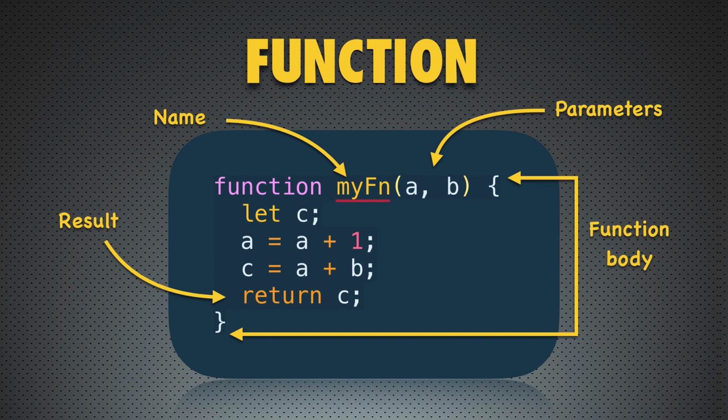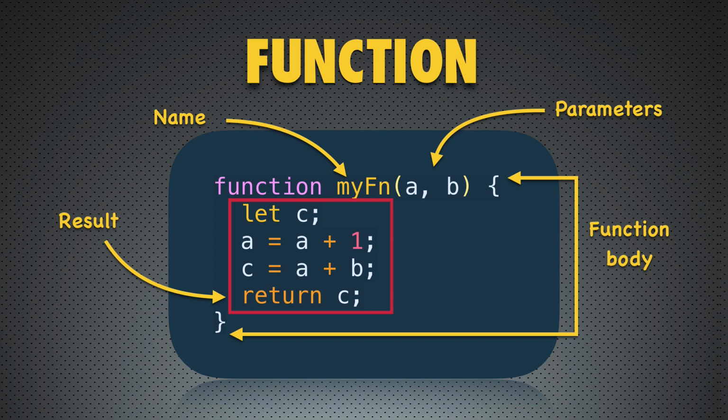In this example, it is myFn. Then parentheses, and inside of the parentheses, you put a list of parameters, separated by commas. No need to add any let, var or const keywords here, simply a list of parameters. Then a space and a pair of curly braces.